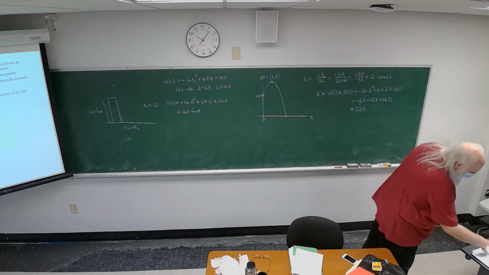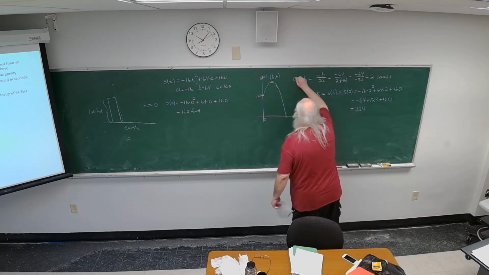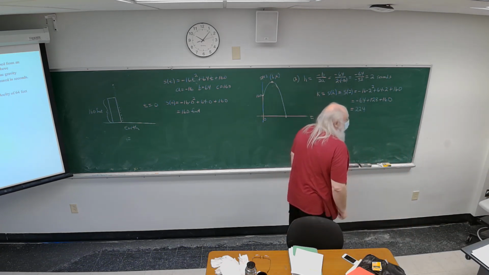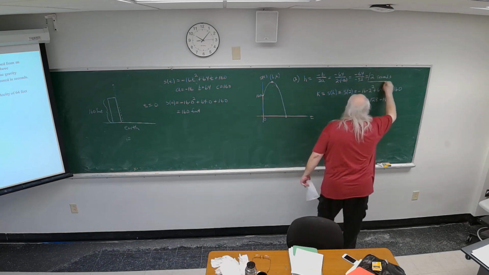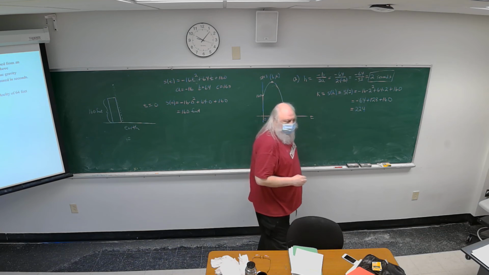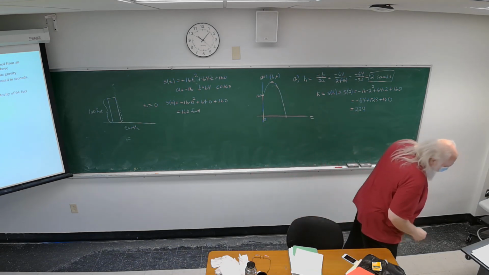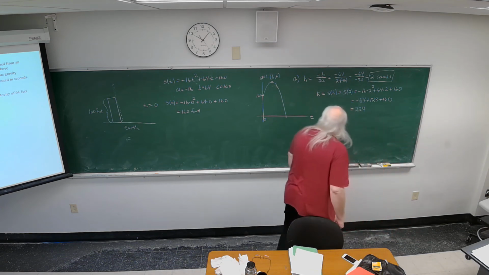So A was, when did it reach its maximum height? So this is A, right? H equals 2 seconds. That's when it reached its maximum height, 2 seconds after the ball was thrown up in the air. B is what was its maximum height?